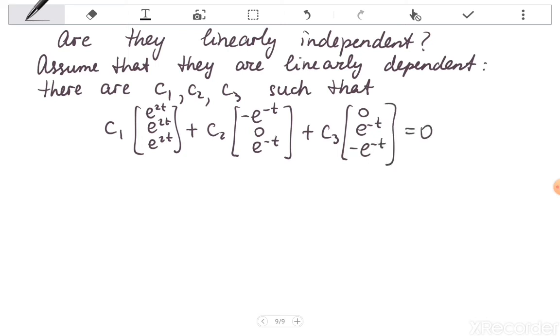This is 0, and not all C1, C2, C3 are zeros. And this must hold for all t from minus infinity to infinity.